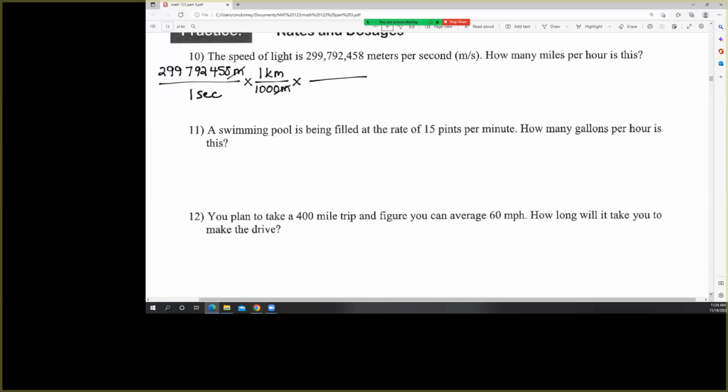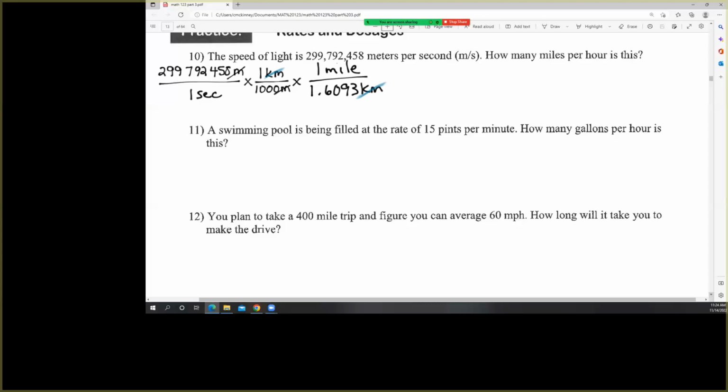Now we can do our kilometers to miles, which is going to be 1 mile on top and 1.6093 kilometer on bottom. We know kilometer needs to be on bottom because we want kilometers to cancel, and they don't cancel unless one's top and one's bottom. So now those calculations would put us into miles.